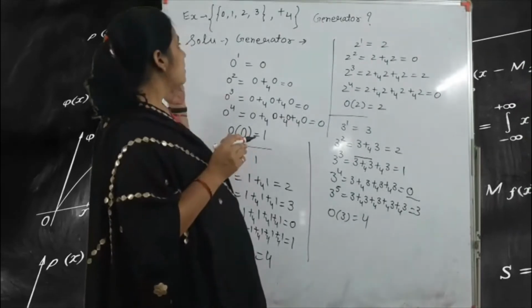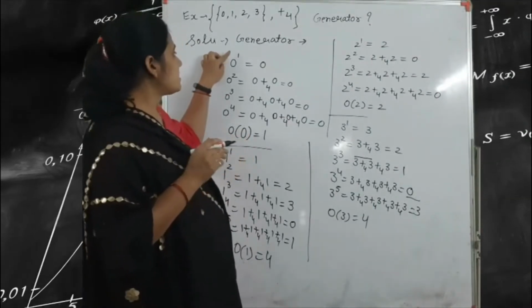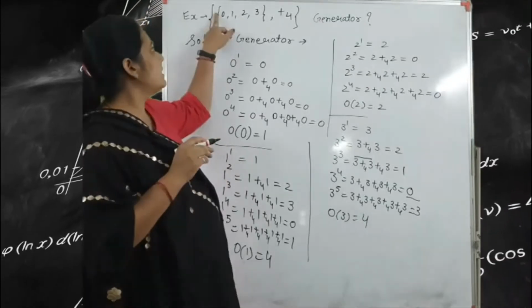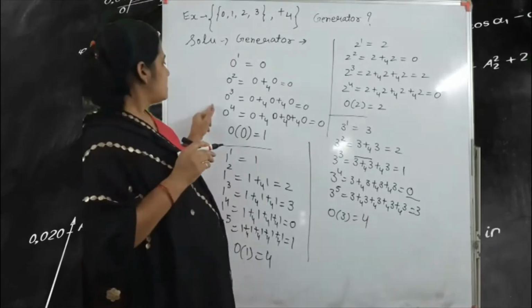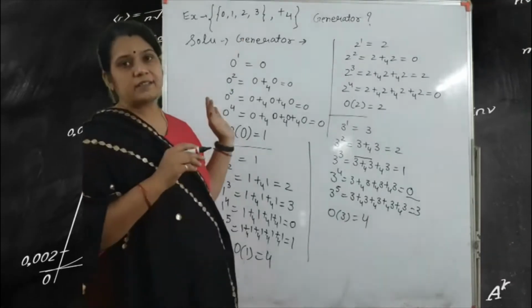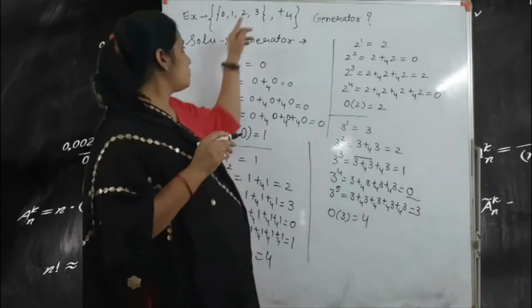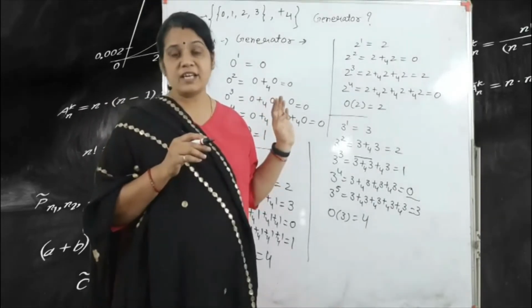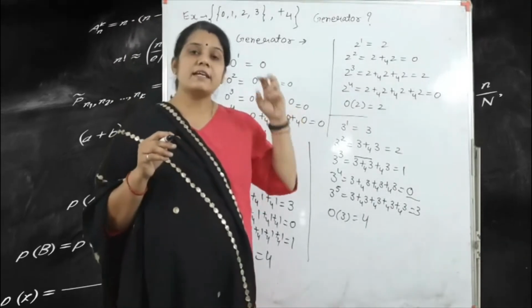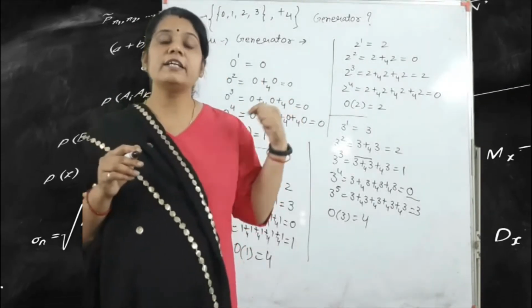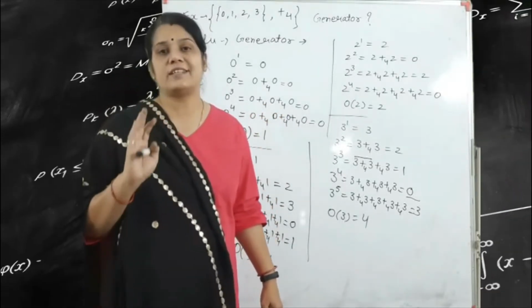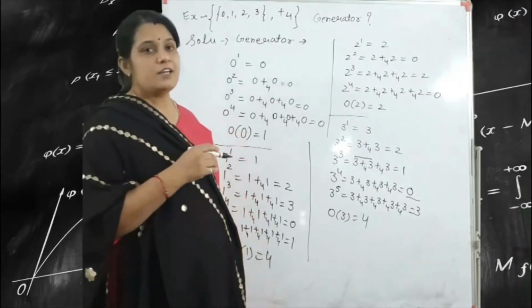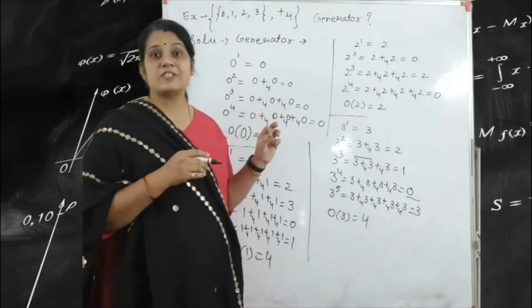For example, we put 0 power 1, so we get the first element. 0 power 2, so we get the second element. 0 power 3, so we get the third element. And 0 power 4, so we get the fourth element. So if we can write any element according to this process, then we can say that this is a generator.